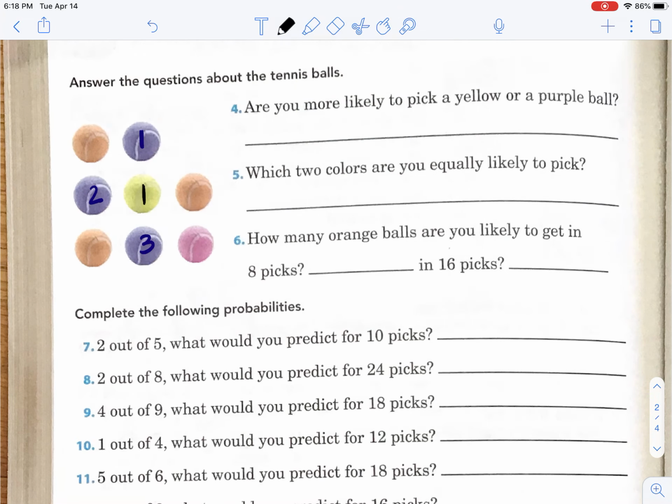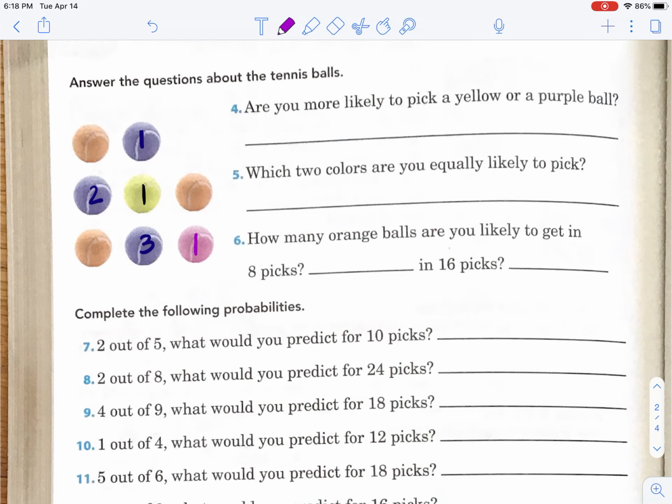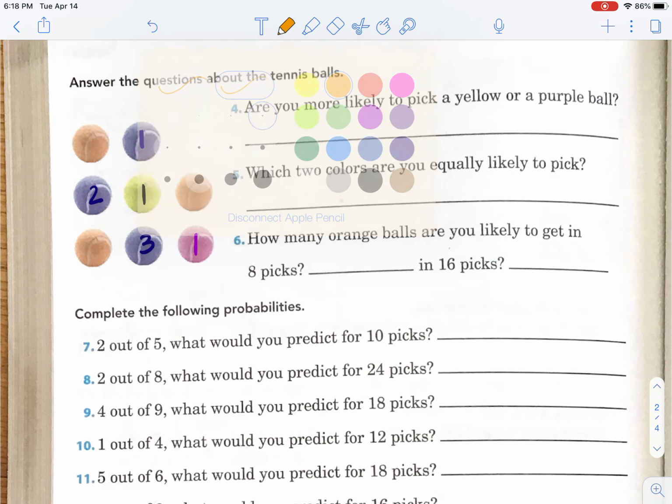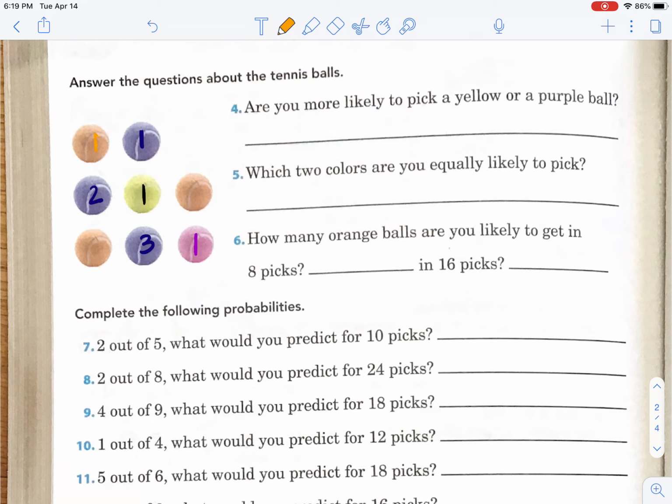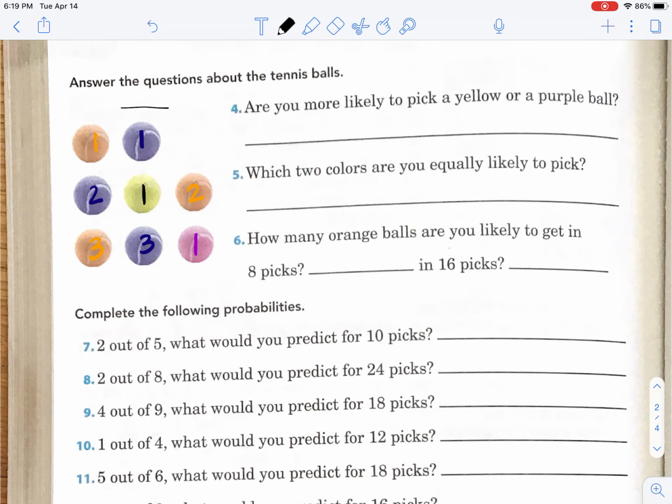1. How many pink? 1. How many orange? 1, 2, 3. And how many total? What would be our denominator out of these balls? 1, 2, 3, 4, 5, 6, 7, 8. So there's 8 total.